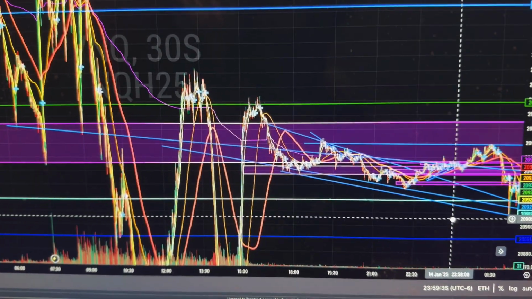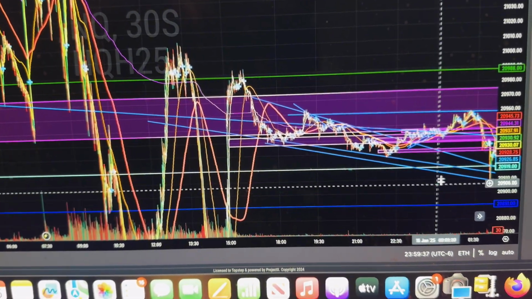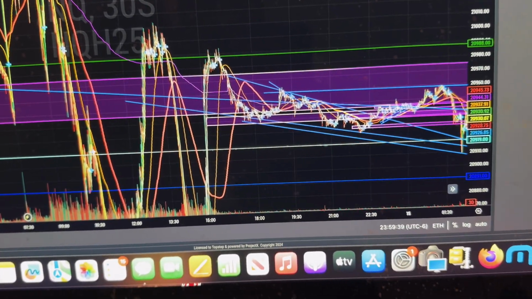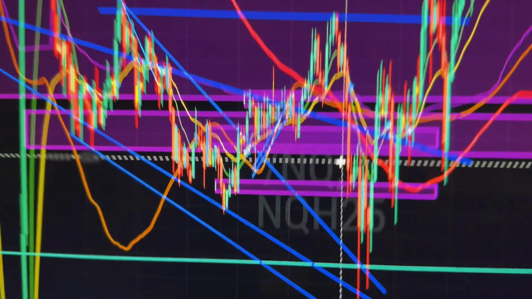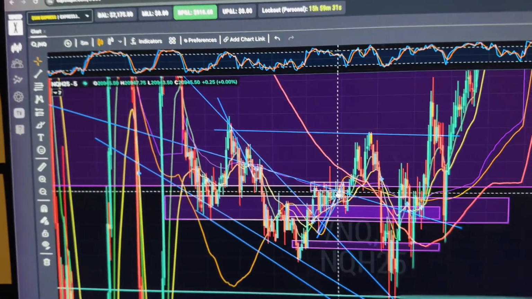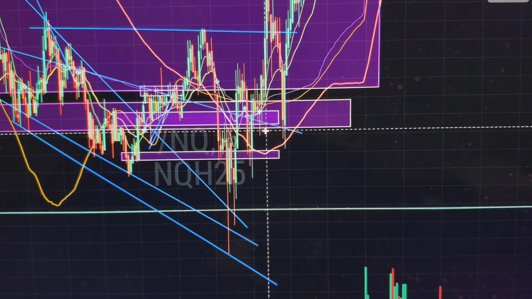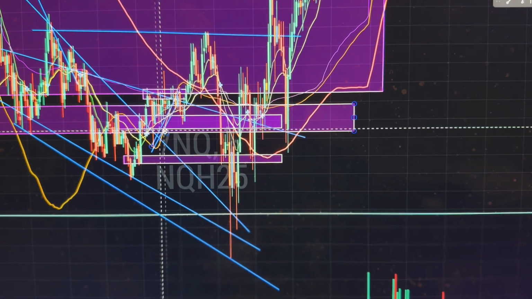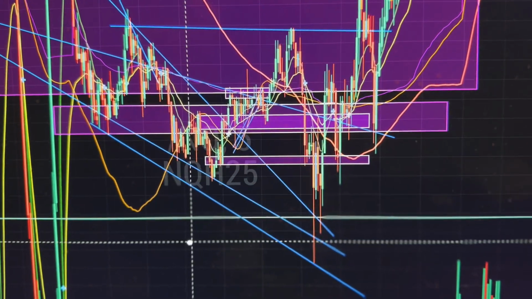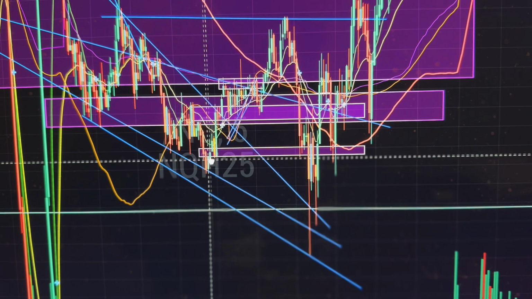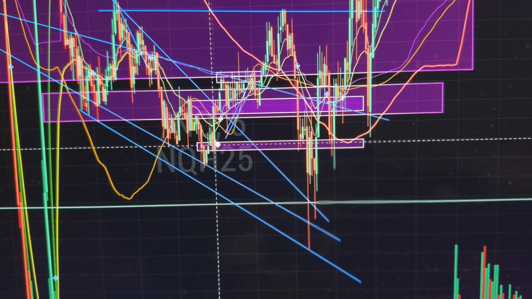But what happened was I noticed that as soon as it came down, I'm gonna zoom in a little bit. Okay, so this is a 5-minute chart. If you can just follow me. So I got in, I zoomed in. Y'all probably like, what happened? I got in somewhere in here.